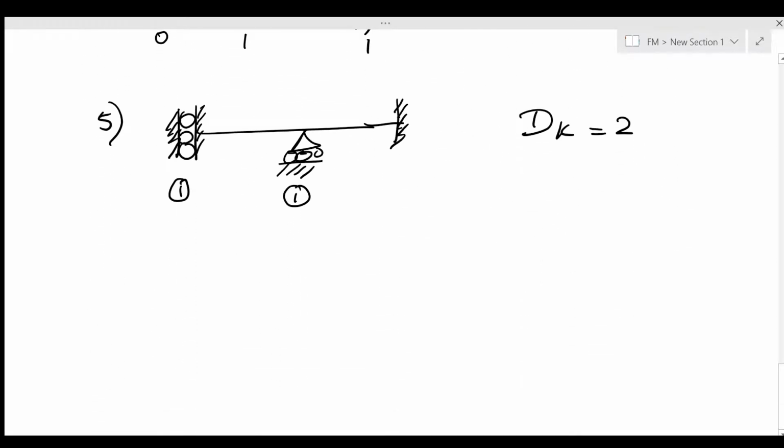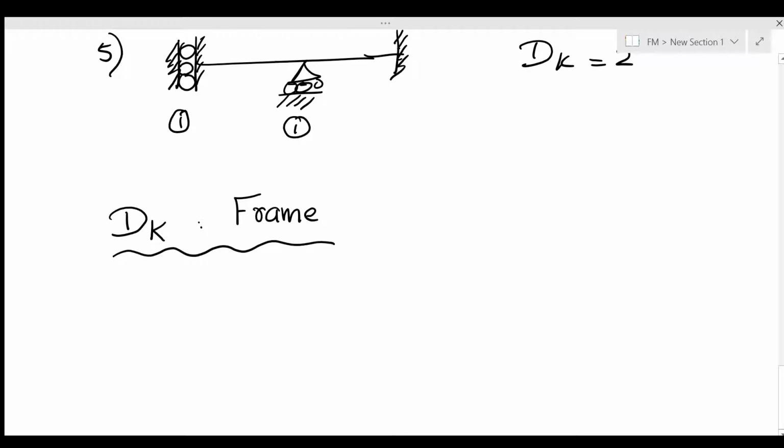Now let us move to frames. Degree of freedom or kinematic indeterminacy of frames. I told you initially that there are two types of frame. One is the free frame, another one is the constrained frame.